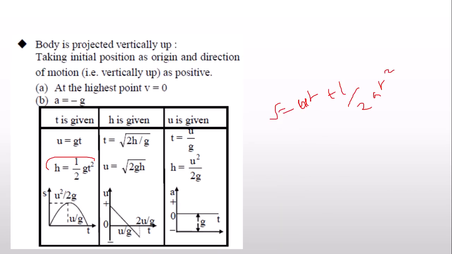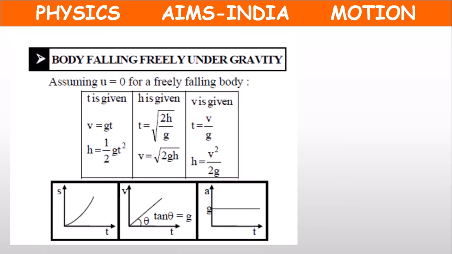One minute, children. No need to derive all formulas again. There will be no change in the formulas. Here t equal to root of 2h by g. The formulas which are not involving u, the initial velocity, in those there will be no change.